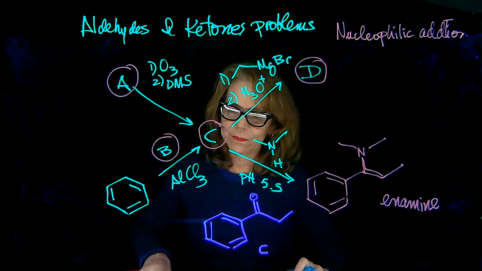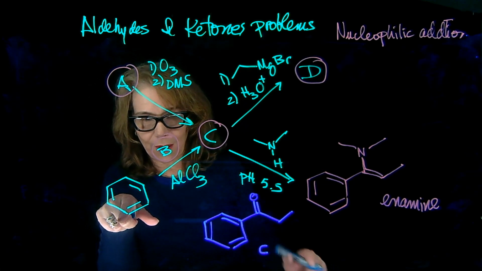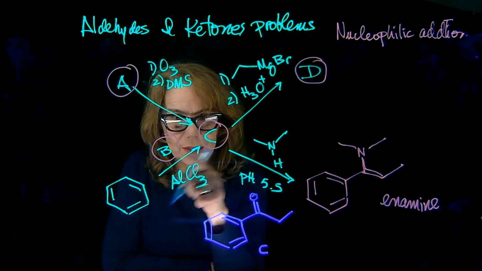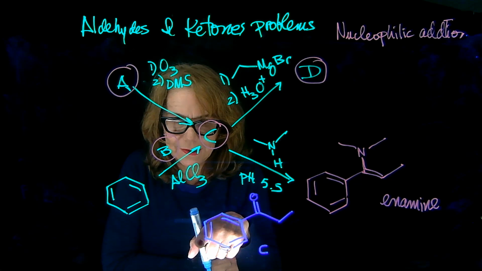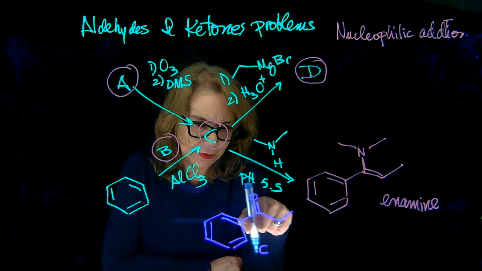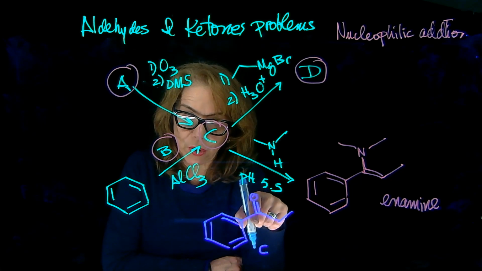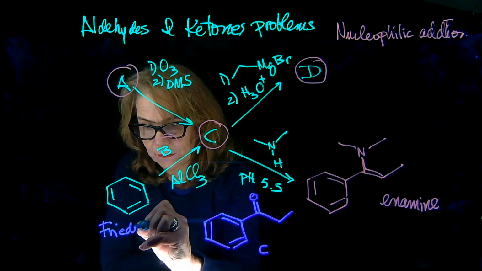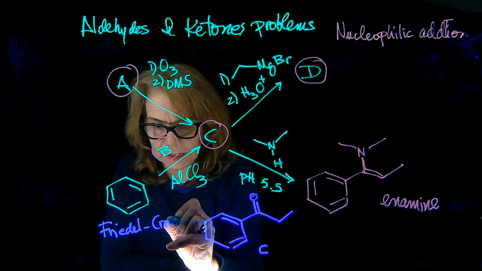So here I need to figure out what the reagent is. I have benzene and I need to make this. So what am I doing? I'm adding this group. So I'm doing a Friedel-Crafts acylation.